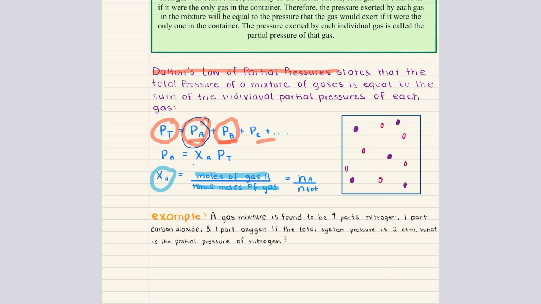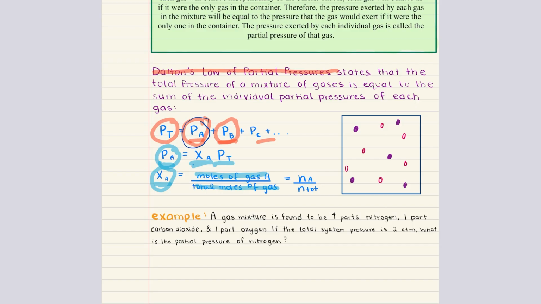Then once you know the mole fraction of gas A, you can calculate the partial pressure of that gas using this equation. The partial pressure of gas A is equal to the mole fraction of gas A multiplied by the total pressure of the gas mixture.